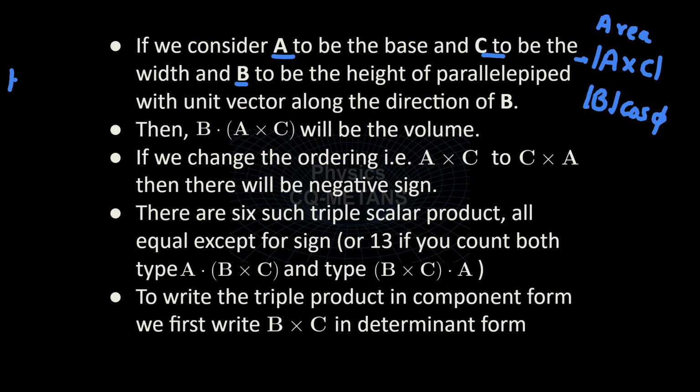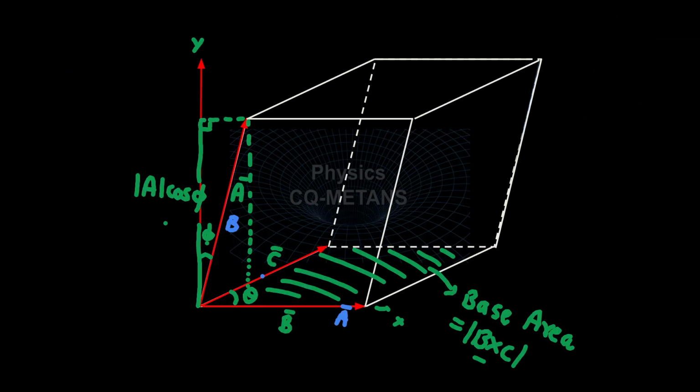So I will get a cross c, that is nothing but the area, times b cos phi, which is nothing but b dot a cross c. So this is also the volume of the same parallelepiped, only the vectors are different.